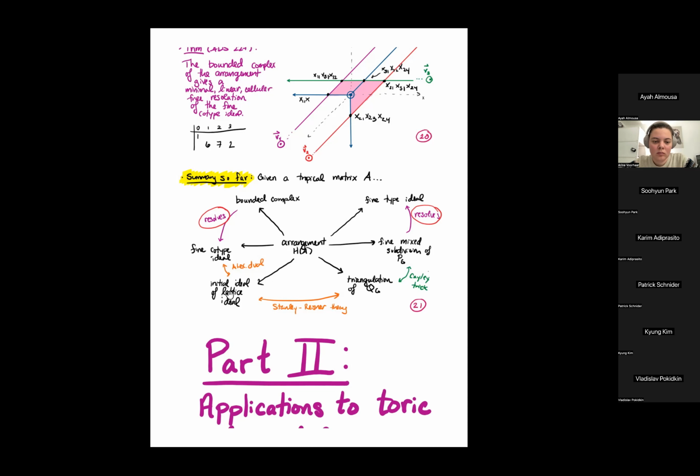The Alexander dual of that is going to be the initial ideal of that lattice ideal that corresponds to the root polytope associated to G. Stanley-Reisner theory takes me from that initial ideal to a triangulation of the root polytope. The Cayley trick takes me from the triangulation of that root polytope to a fine mixed subdivision of a generalized permutohedron. And that generalized permutohedron, the subdivision that I get from that, actually supports a free resolution of the fine type ideal. And so I have all of these different objects that are all related to each other in these ways.